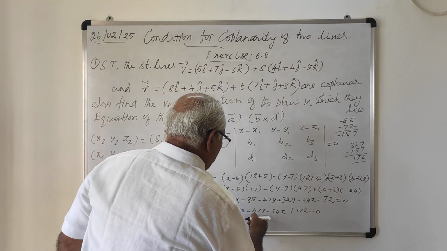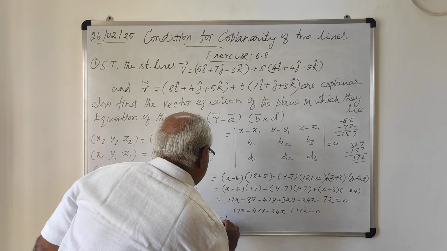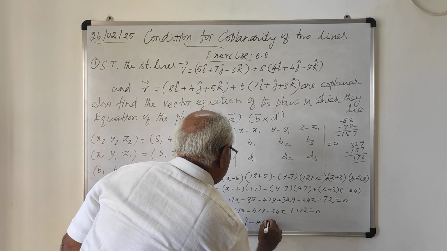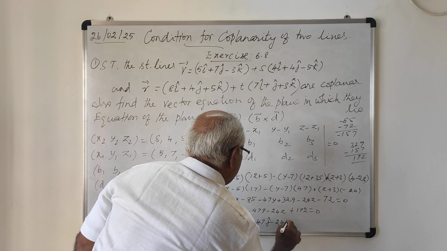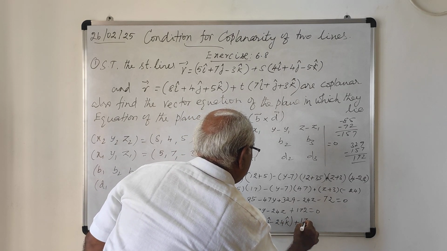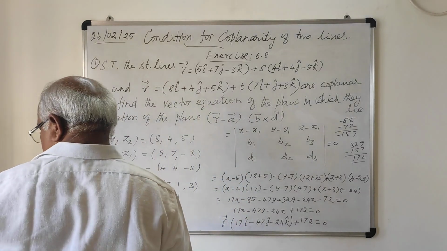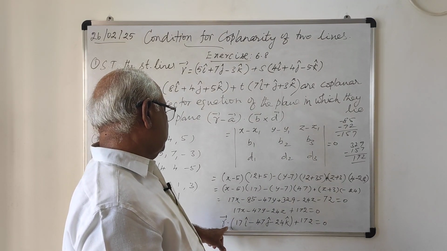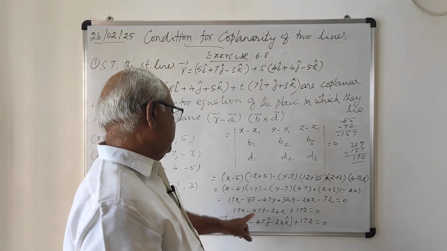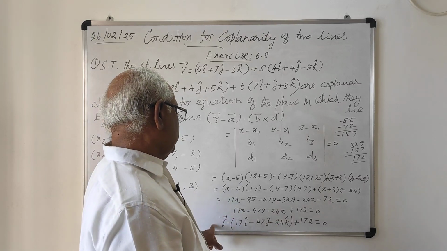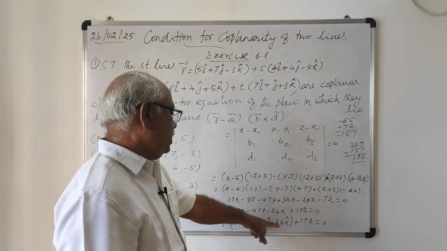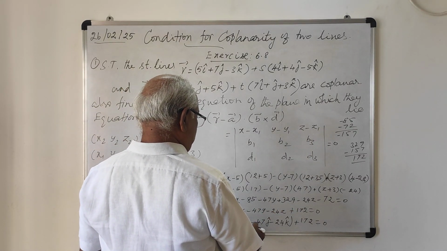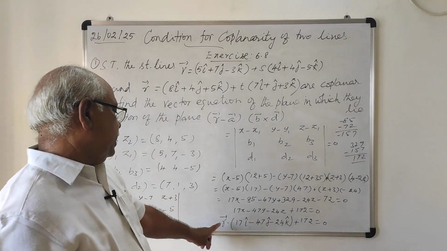Therefore, instead of x, y, z you can replace by r dot (17i minus 47j minus 24k) plus 172 equal to 0. R will be xi plus yj plus zk, so 17x minus 47y minus 24z plus 172 equal to 0. This is the vector equation of the plane, and in the above equation, instead of x, y, z you can replace i, j, k. It will give you the vector equation by taking r dot.